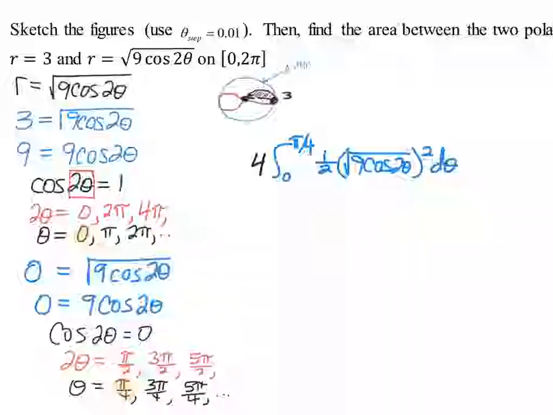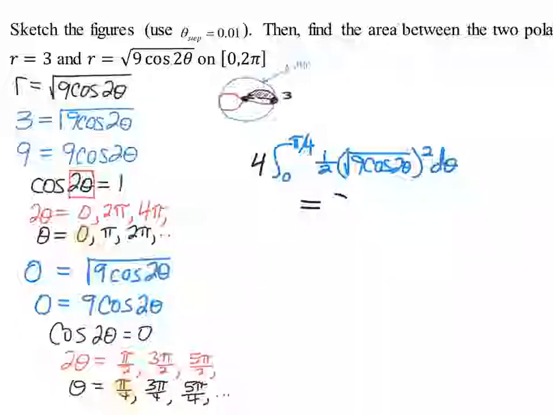I'm just going to run that through the calculator. Math 9, 0 to pi over 4. Pop in the 0.5. You could actually just square away the radical if you want, and just type in 9 cosine 2 theta, d theta. 2.25, multiply that by 4, and we get an even 9.